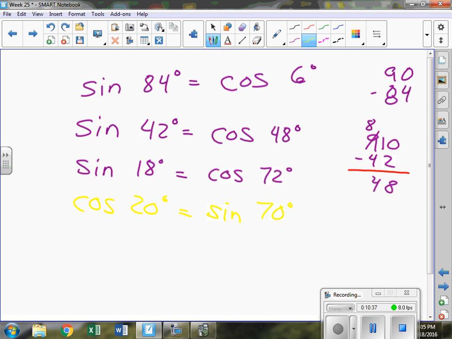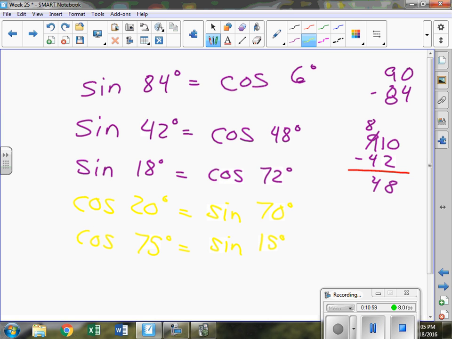I kind of just said it there, 70. Okay, if we have cosine of 75 degrees, rewrite that using the cofunction theorem. Sine of 15 degrees.